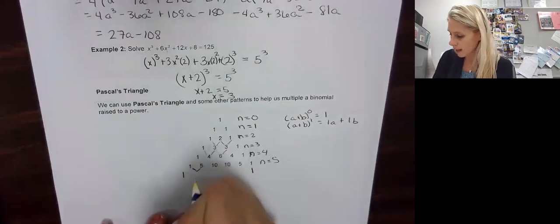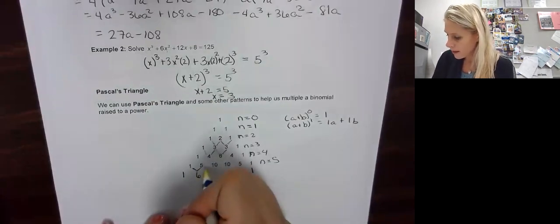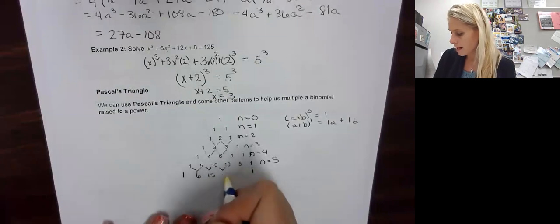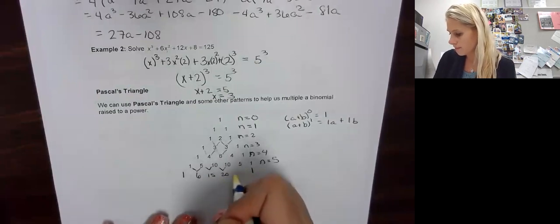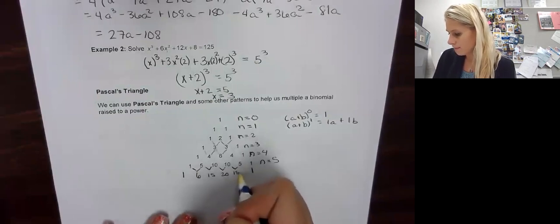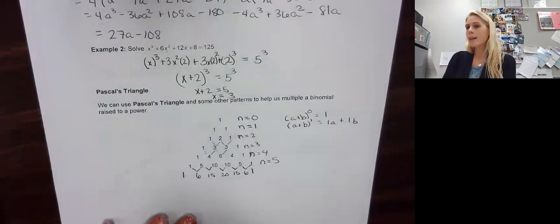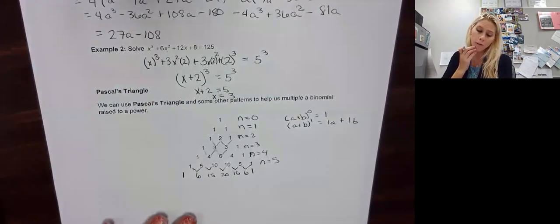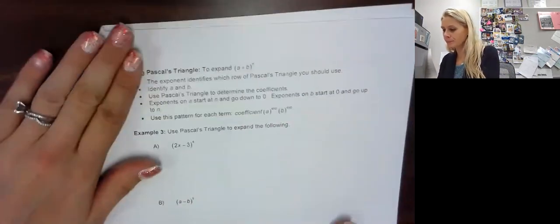So 1 plus 5 is 6. 5 plus 10 is 15. 10 and 10 is 20. 10 and 5 is 15. And 5 and 1 is 6. And we can keep going and going and going. Hopefully you don't have to go that far because it gets really messy.